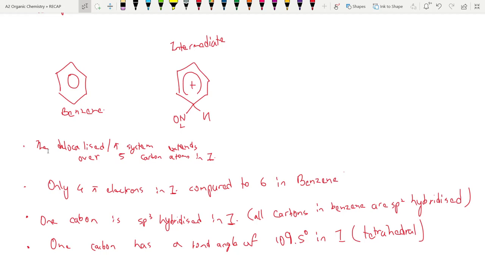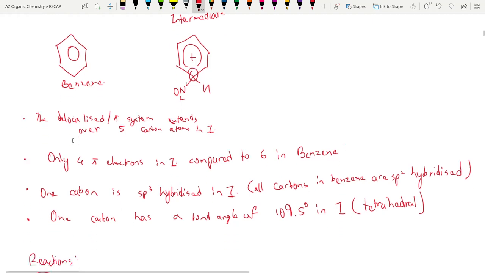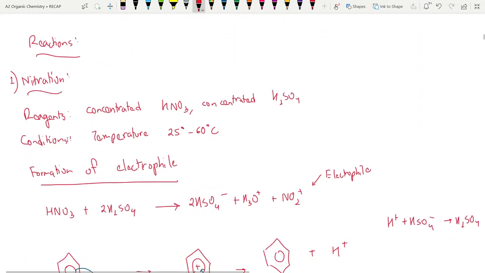There are only 4 pi electrons in the intermediate, while there are 6 pi electrons in benzene. One carbon is sp3 hybridized in the intermediate, but all carbon atoms are sp2 hybridized in benzene. All the other carbons in the intermediate are sp2 hybridized except this special one. And that carbon has a bond angle of 109.5 degrees in the intermediate, which is tetrahedral, the one I've circled.